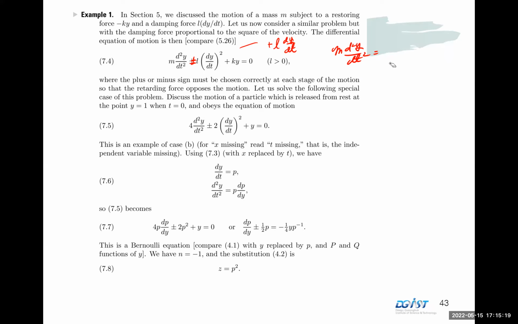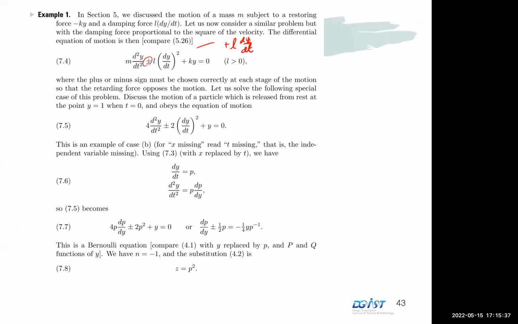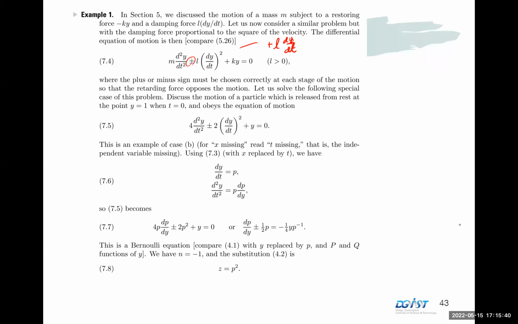But when we have v square, it is always positive, so it doesn't carry information about the velocity direction. So we set the plus minus sign to make the damping force act opposite to the moving direction. There is no damping force acting along the moving direction. That doesn't make sense. So we need this plus minus sign depending on the sign of dy dt. Here the retarding force is opposite to the motion.